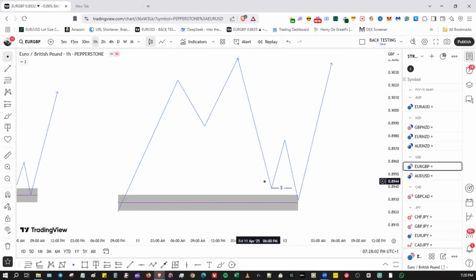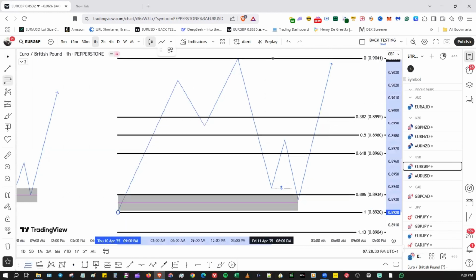Now, what price might do is trade into this level without completing the pattern, without mitigating this order block. It will displace to the upside, and then come back later on to mitigate it and complete the pattern.